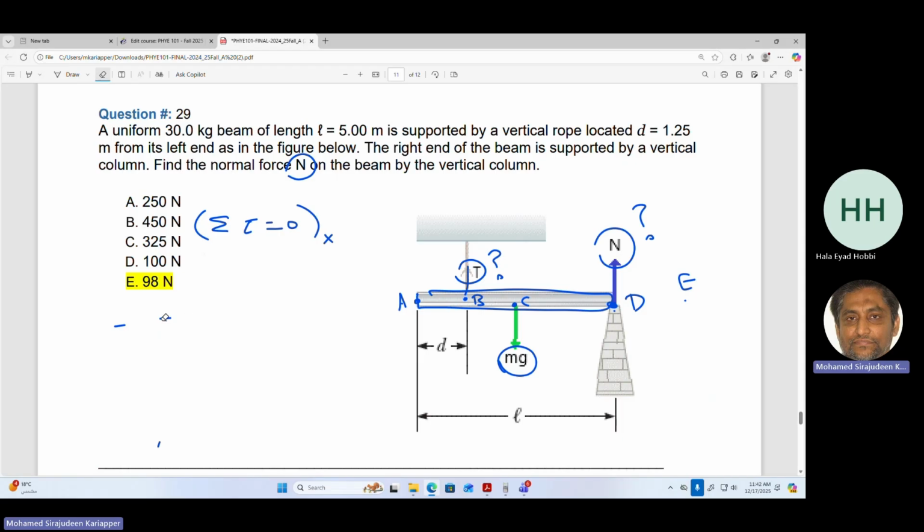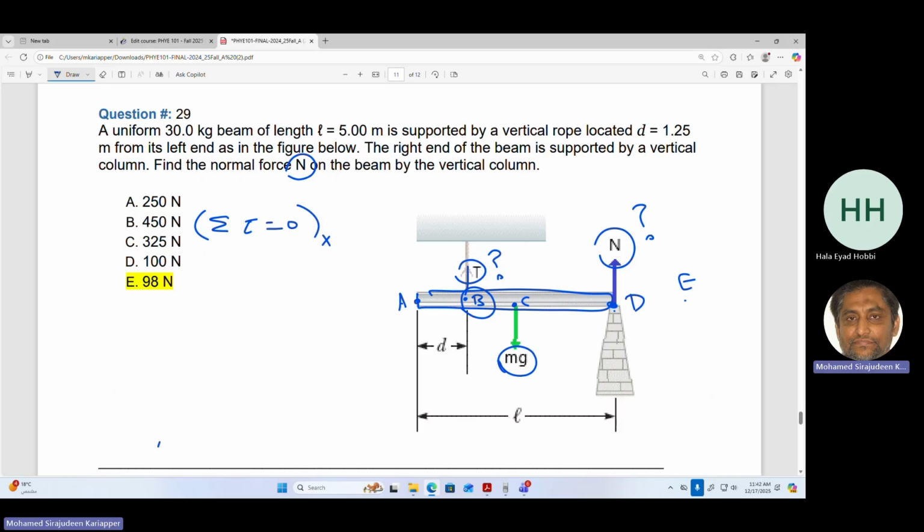So we try to choose our point such that the torque from T somehow gives a 0 value. So what should be the point? B. Why? The torque from T at the point B is 0.